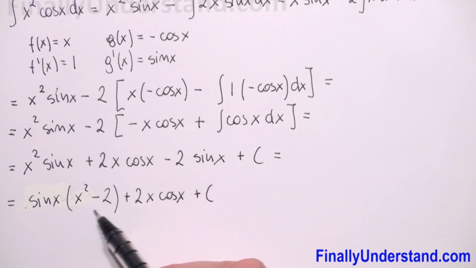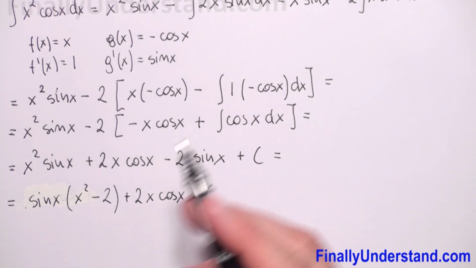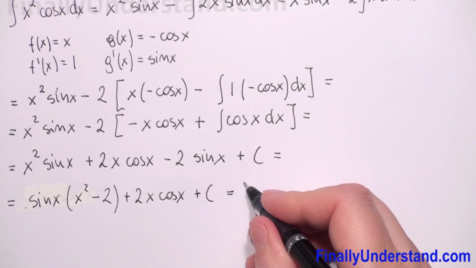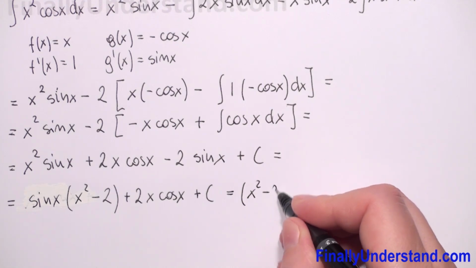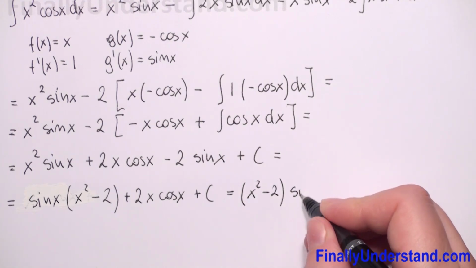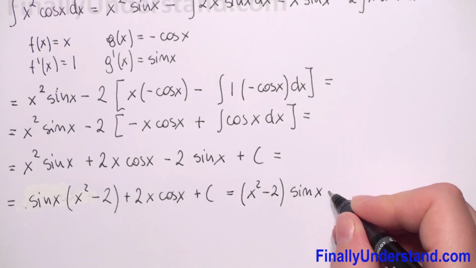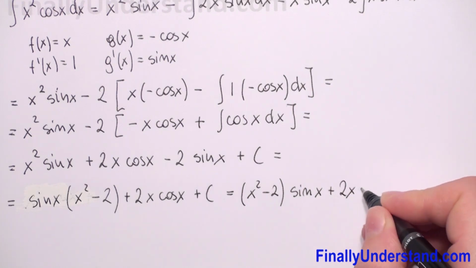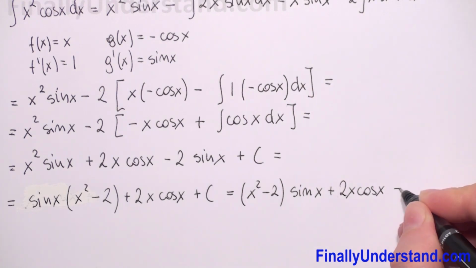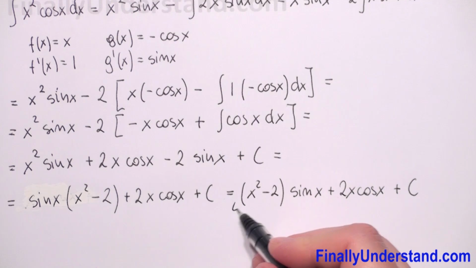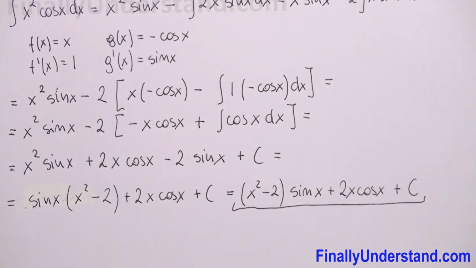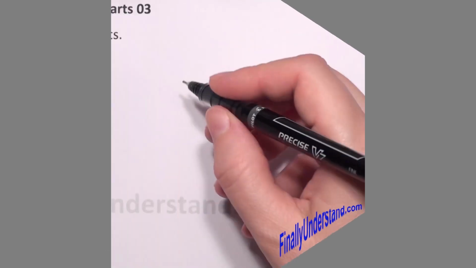We can put this expression before sine of x, so it will be x squared minus 2 times sine of x plus 2x cosine of x plus constant c. This is my solution.